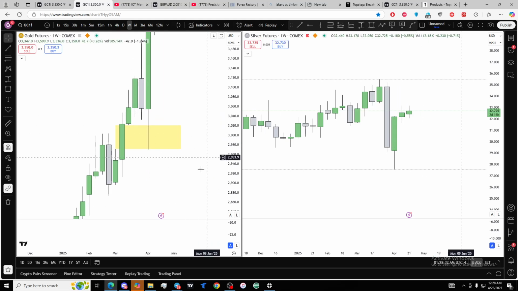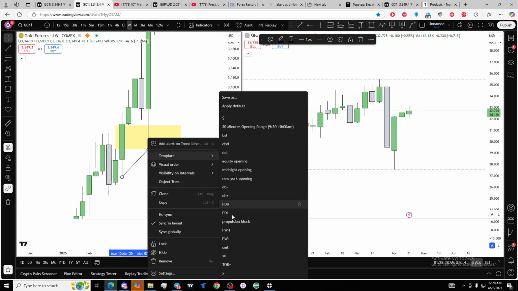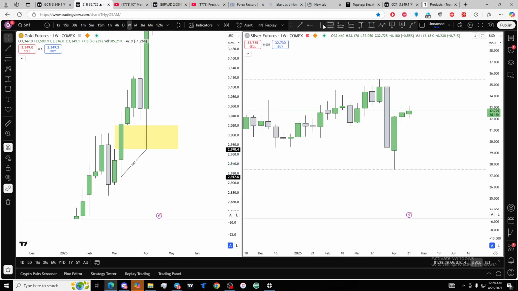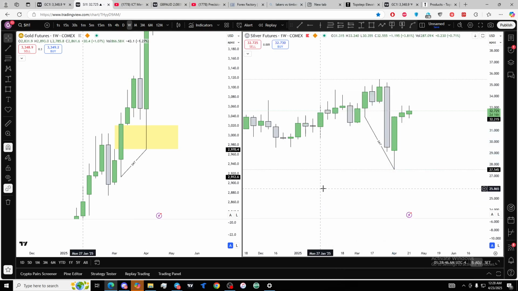That's step one. Step two, we look for SMTs. That's step two.